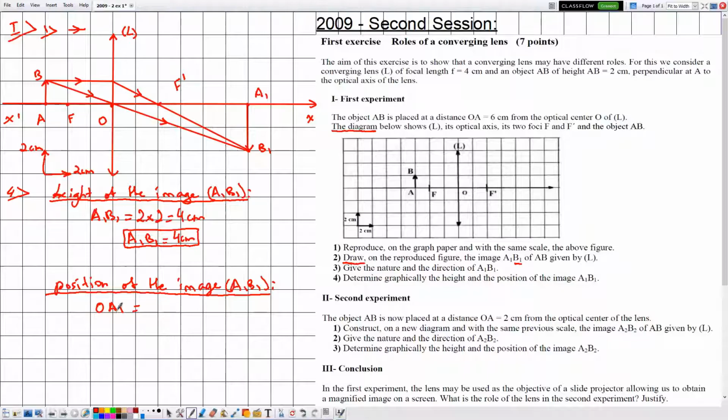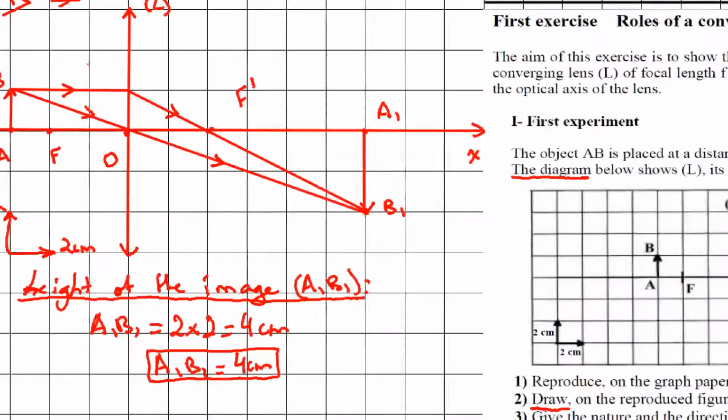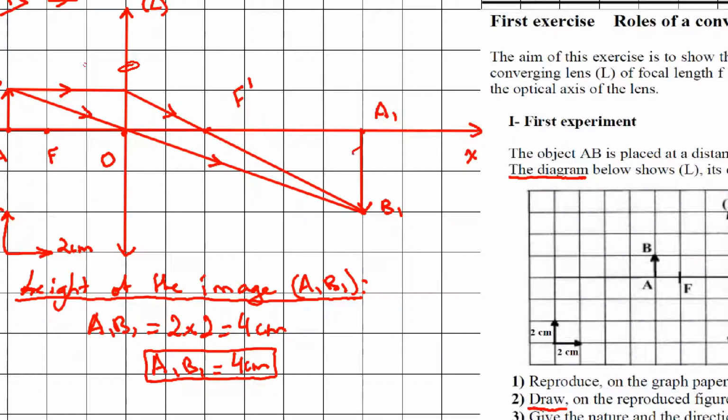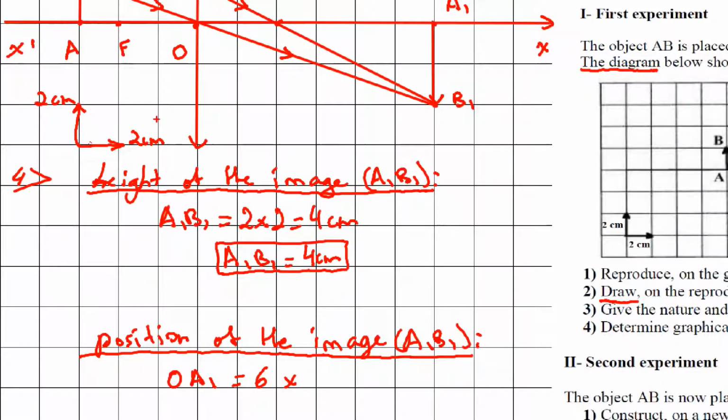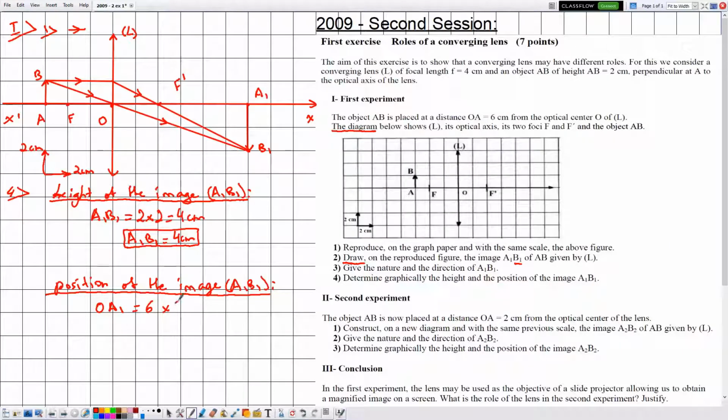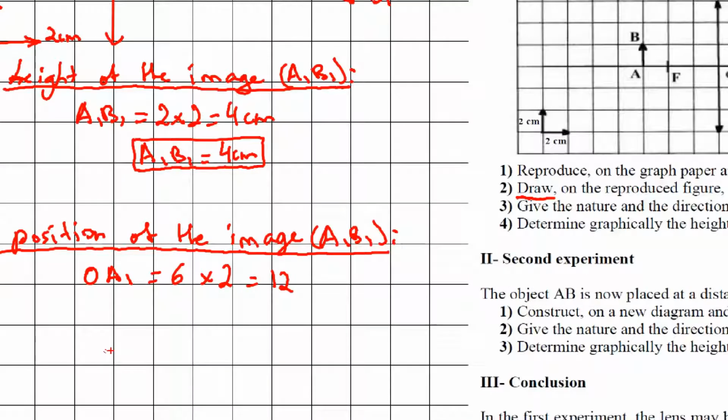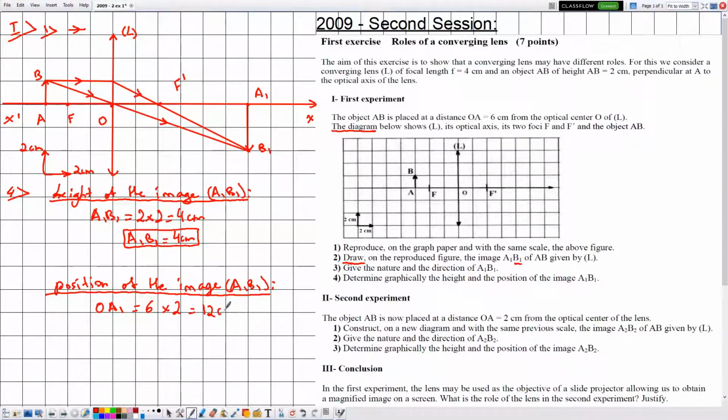So what does OA1 represent? OA1 represents the distance between the lens and the image, and this distance consists of 1, 2, 3, 4, 5, 6 divisions, and we multiply by the scale along which you have counted the number of divisions, which is the scale along the x-axis. This will give us 12. Since the scale is in centimeters, then the value of OA1 will be in centimeters. So the distance lens image is given by 12 centimeters.